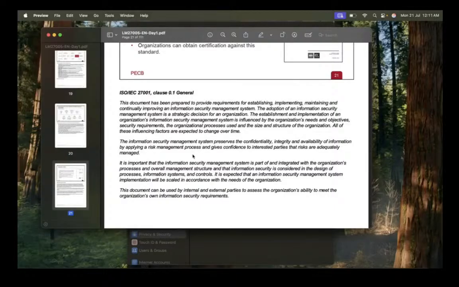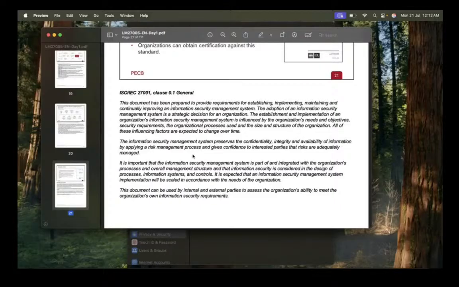If we give it a simple read, this document has been prepared to provide requirements for, as we discussed previously, establishing, implementing, maintaining, and continuously improving an ISMS, which is an Information Security Management System.